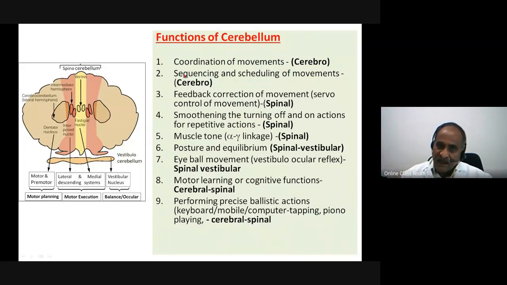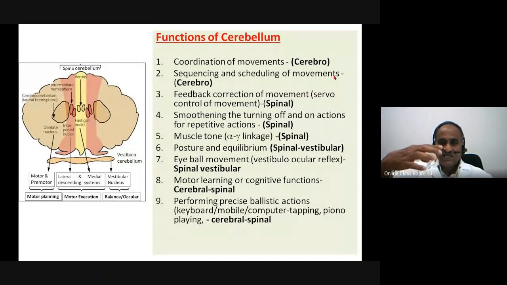Similarly, the second part, as a continuation of the coordination, is the sequencing and the scheduling of the movements. Suppose I were to move this thing from this point to touch my nose. It is not happening in a smooth manner.